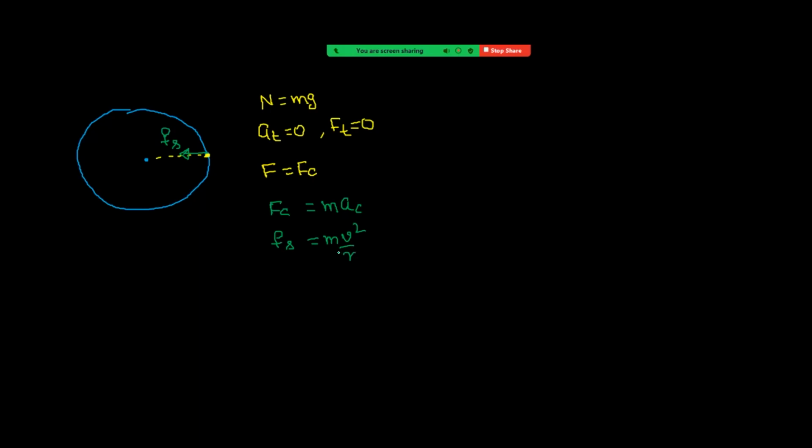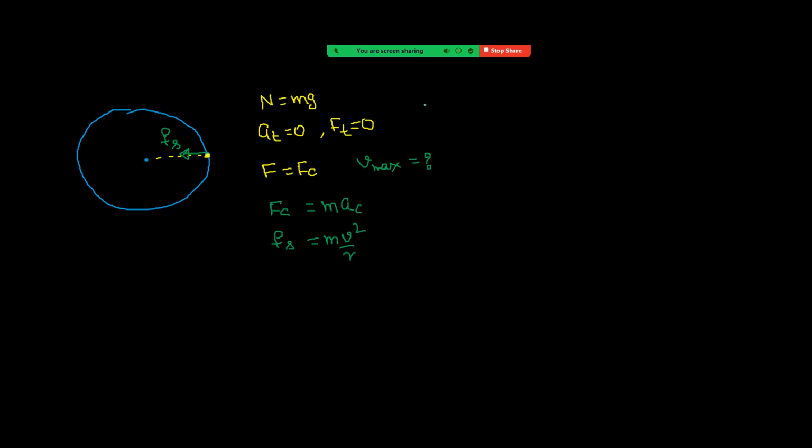Now see carefully. We have to find v maximum. Here mass is a constant and the radius of the circle is a constant. So now v depends only on static friction. And when static friction becomes maximum, v becomes maximum.